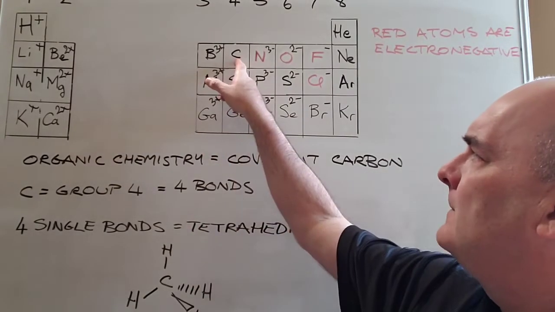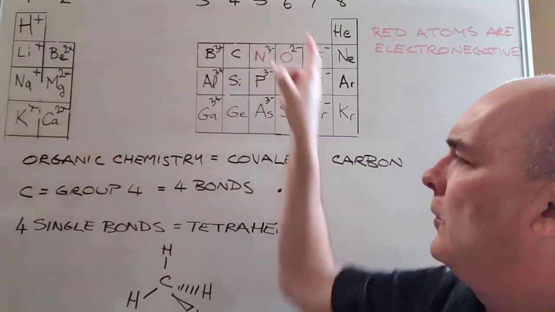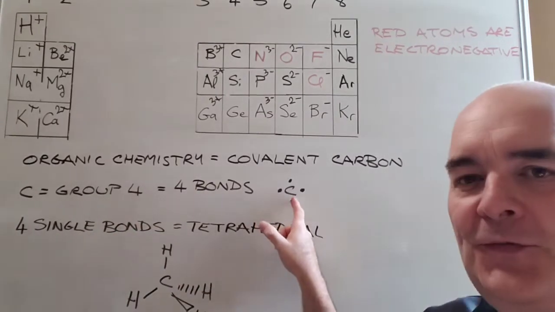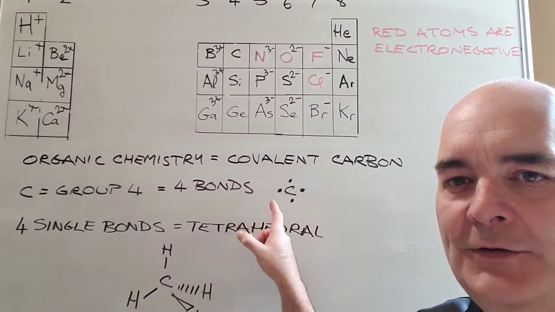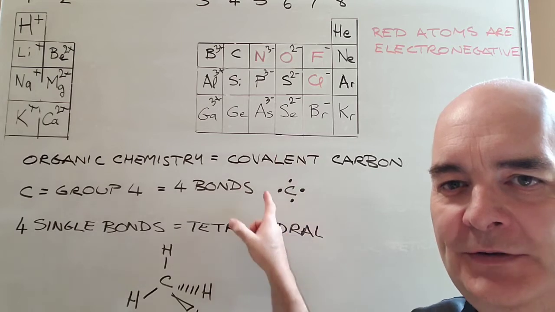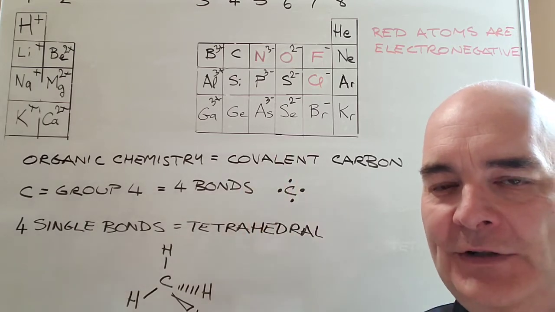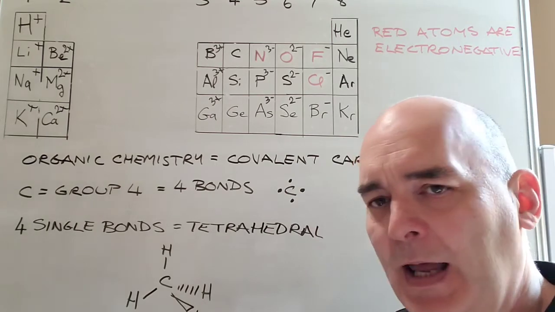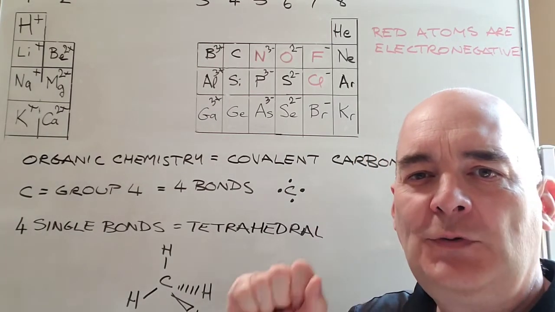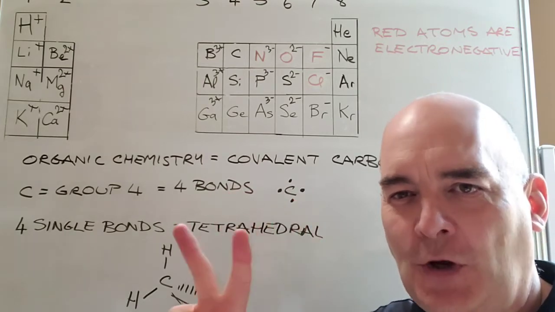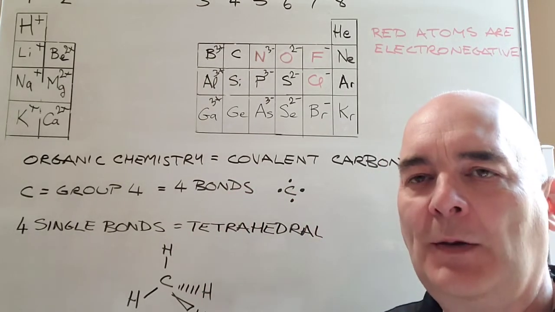So there's carbon, and carbon is in group 4 on the periodic table. It's in group 4, which means it has 4 valence electrons, here represented as a Lewis structure, with the atom in the middle, and then 4 dots, each representing an electron. And you need 2 electrons shared between 2 atoms to make a covalent bond.